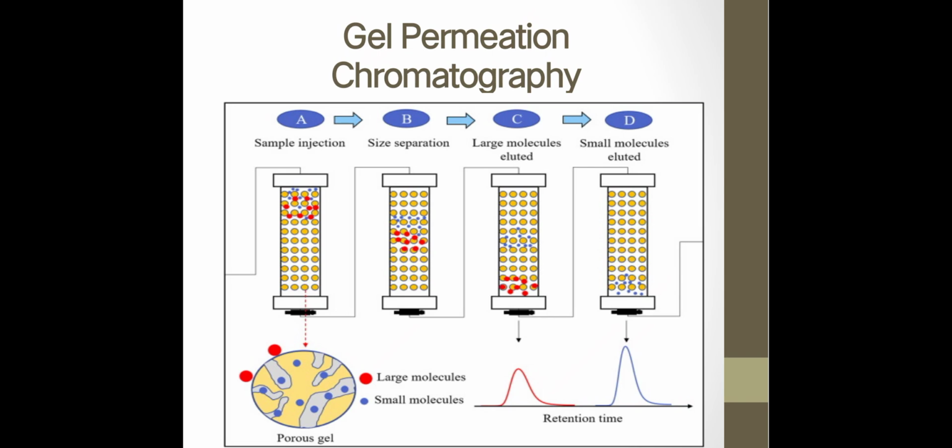If the analyte is smaller, it can pass either partially or fully through the gel, while the larger molecules are excluded and pass directly in between the gels.